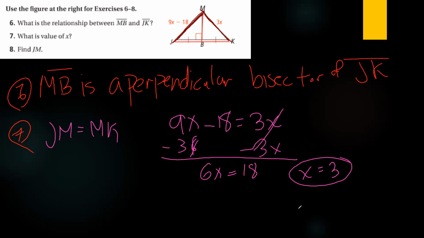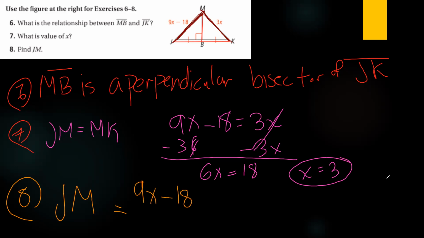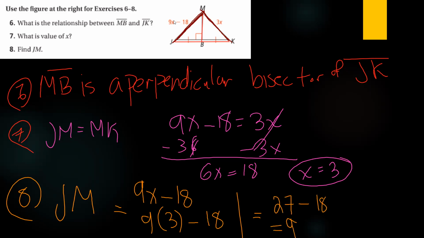Now number 8. In number 8, they asked me to find JM. What is the length of the line segment JM? It is 9x minus 18. Do you know x? Yes, 3. So we evaluate with x equals 3: 9 times 3 minus 18, or 27 minus 18, which is 9.